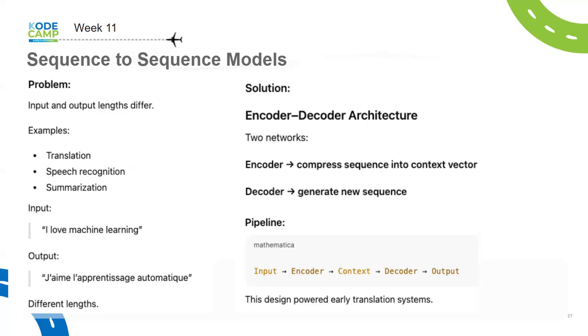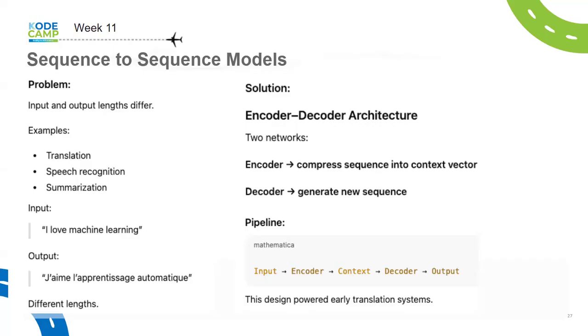For the encoder-decoder architecture, we first of all need to understand what an encoder is. An encoder is something that will compress a long sequence into a single internal representation, the hidden meaning.